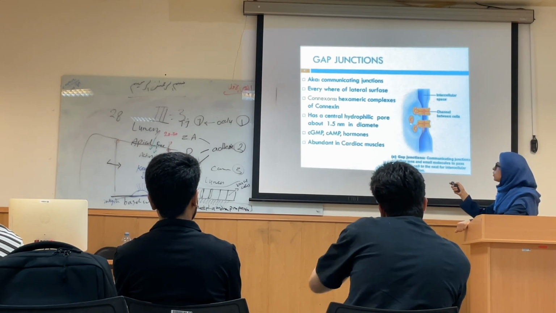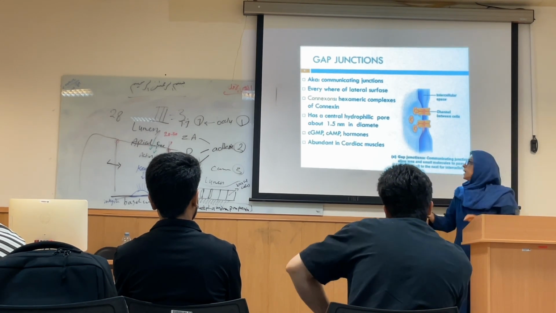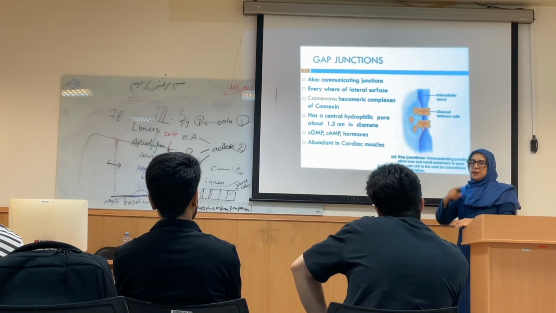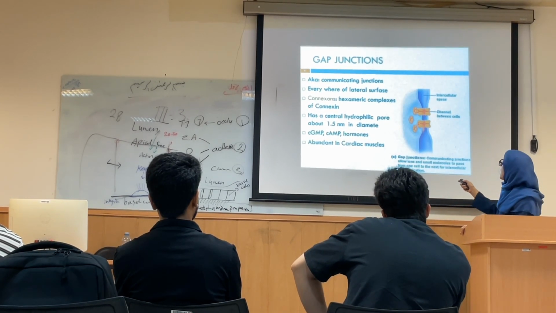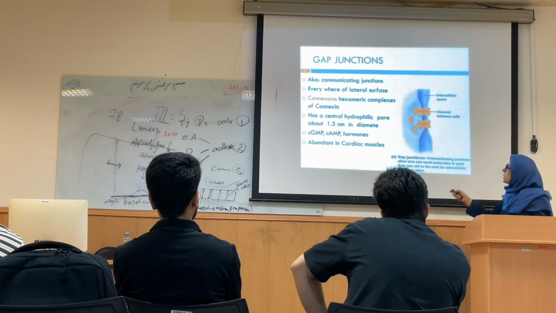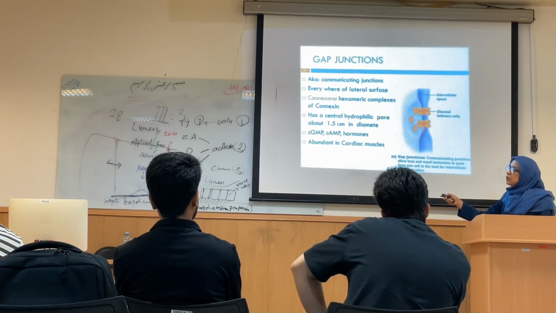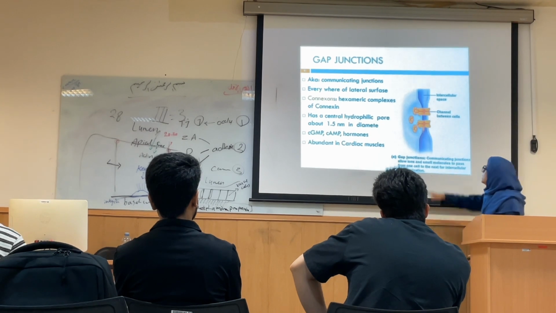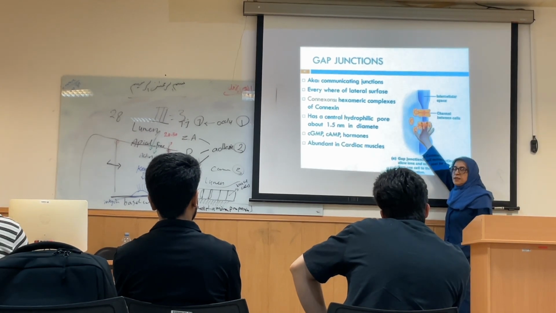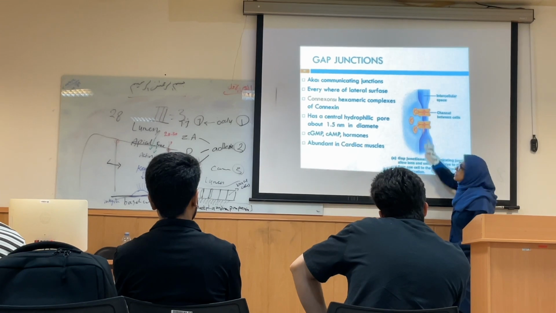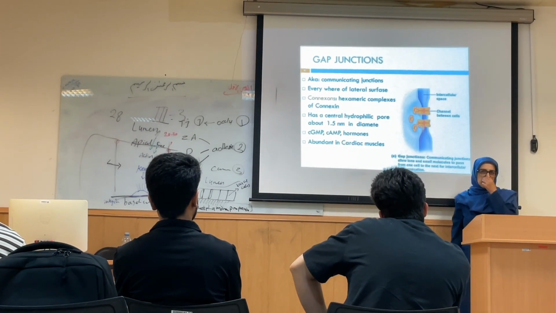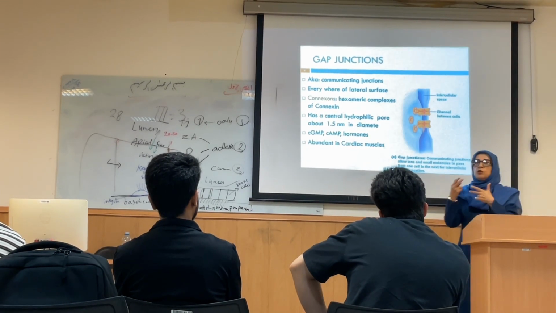In each connexon there are six proteins, connexins, located round together and forming a very narrow canal through which cells communicate.